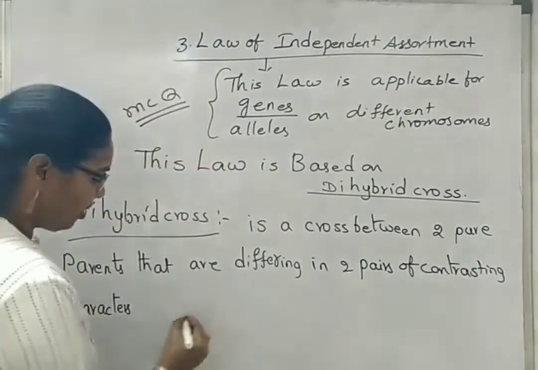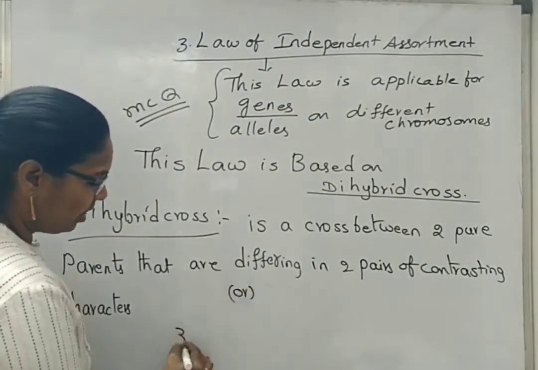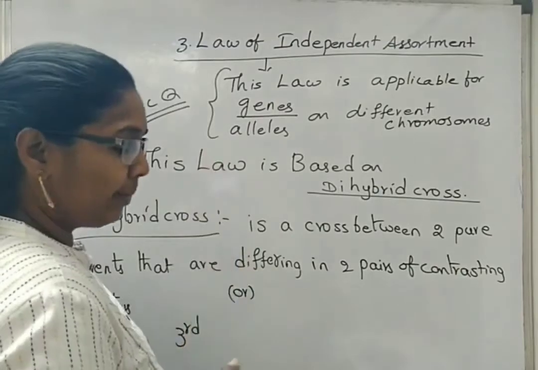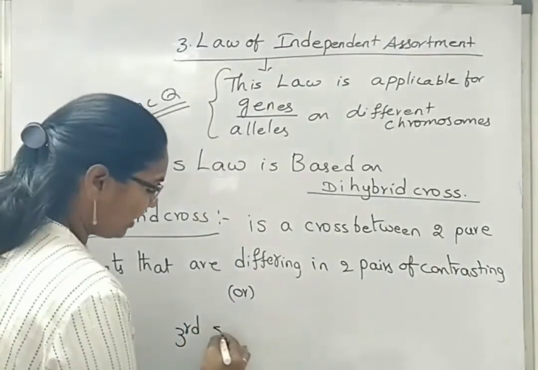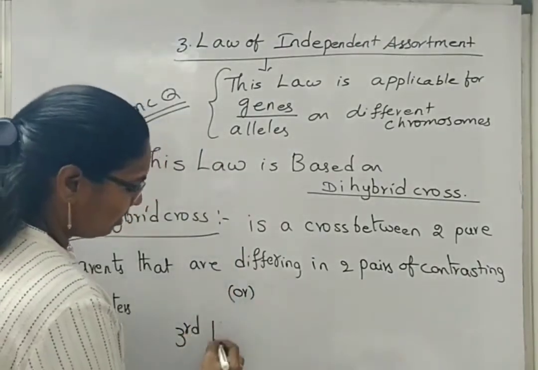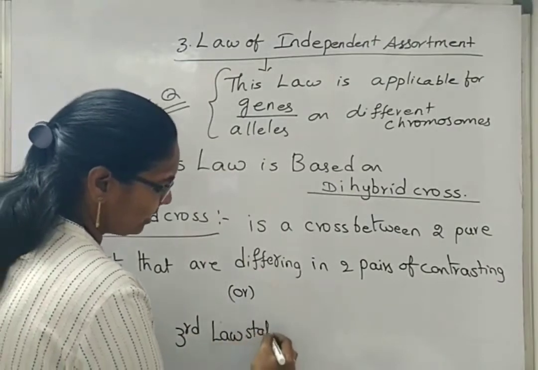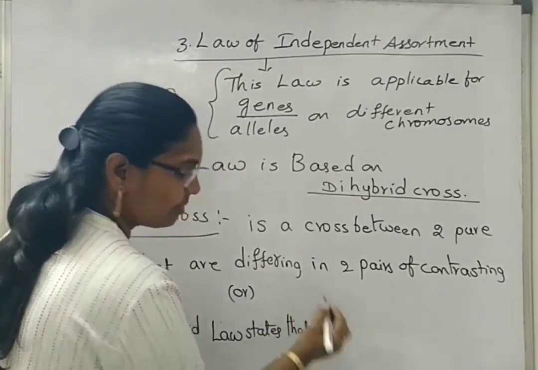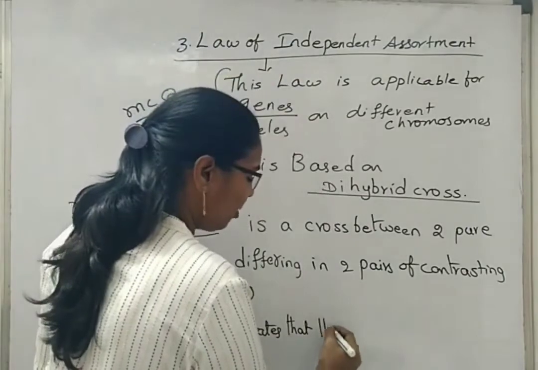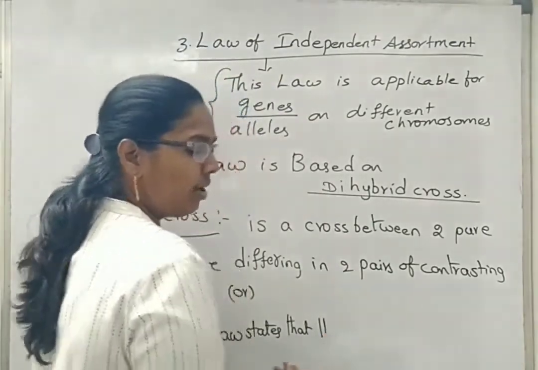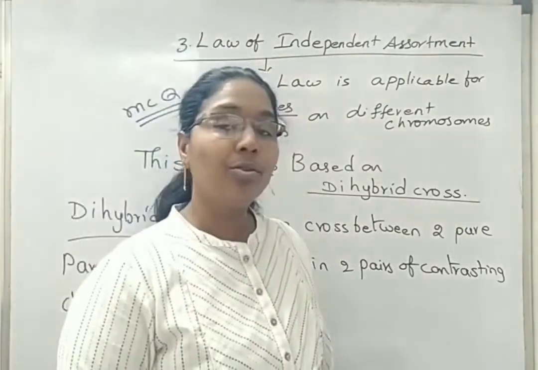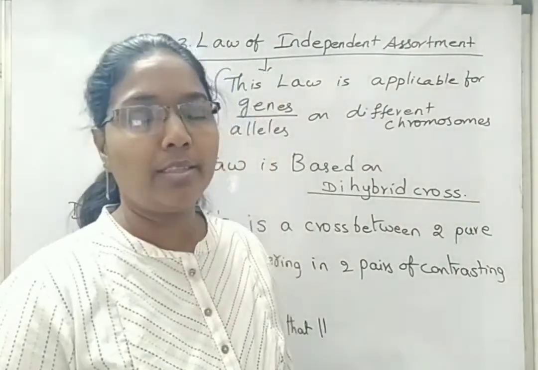Now, the third law, or this law of independent assortment, states that the alleles of 2 different genes get sorted into gametes independent of one another.